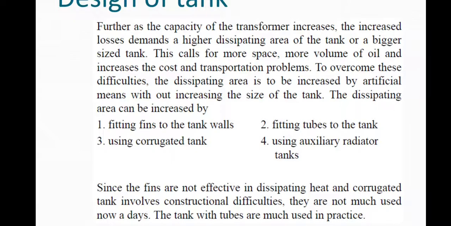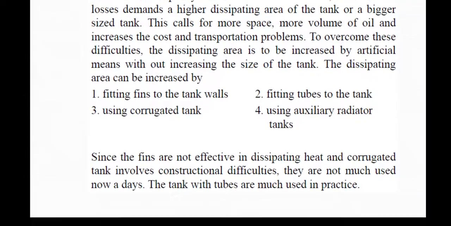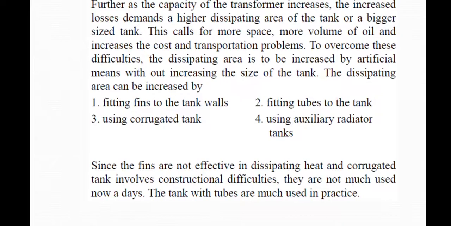Third is using a corrugated tank. And fourth one is using an auxiliary radiator tank. Fitting fins to the tank walls is not effective, and using a corrugated tank leads to construction difficulties. The most common practice is fitting tubes to the tanks.